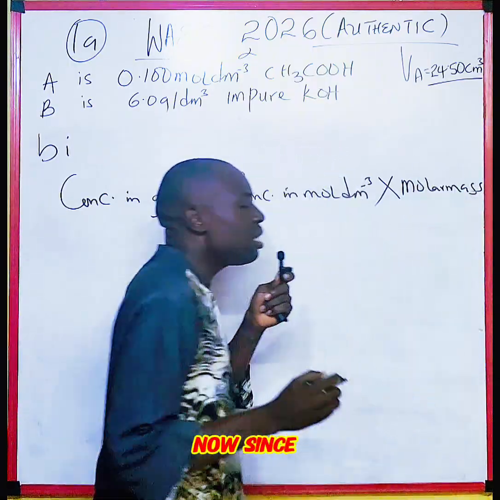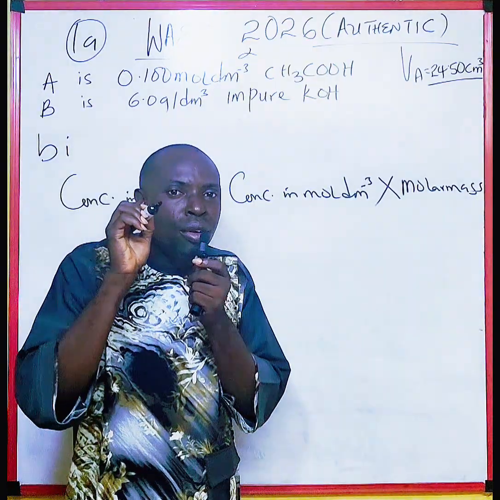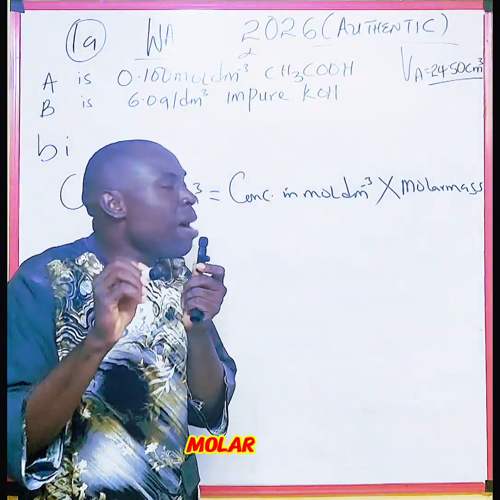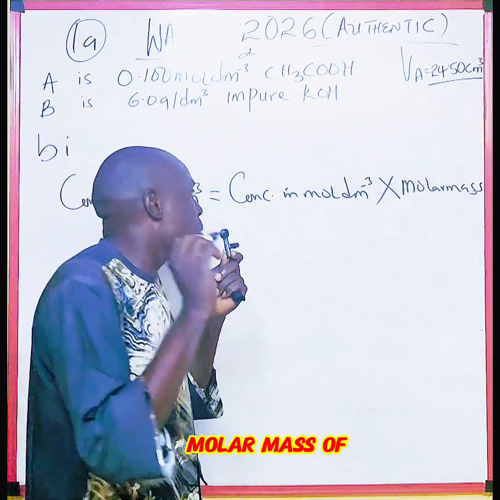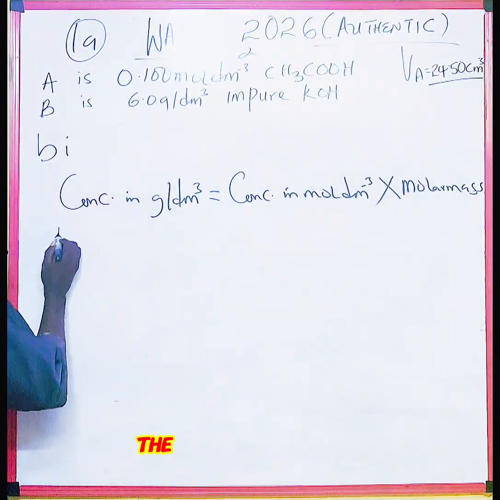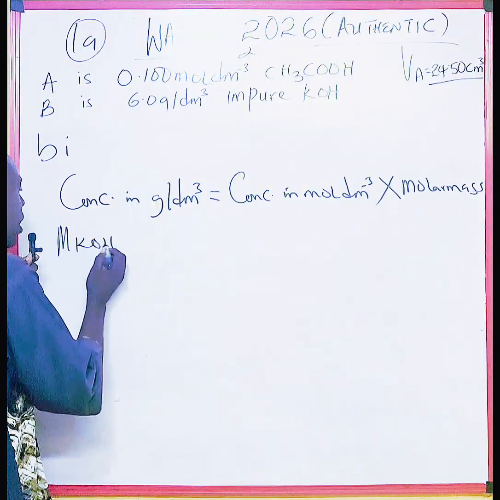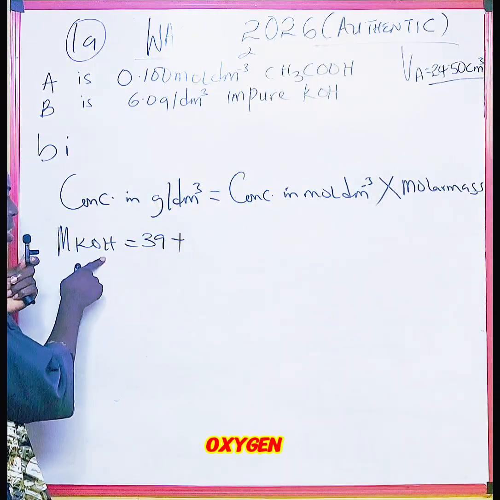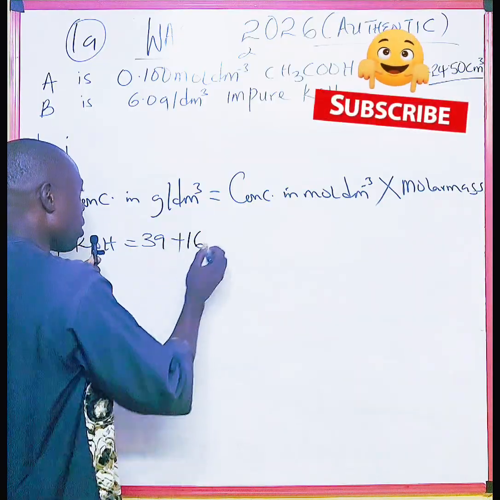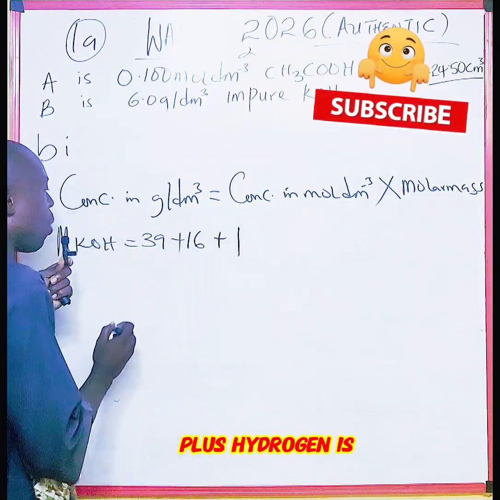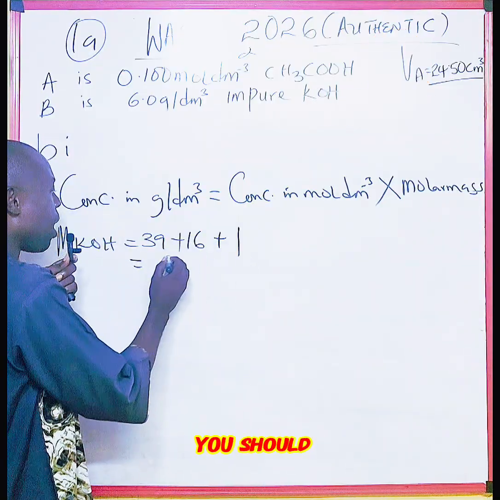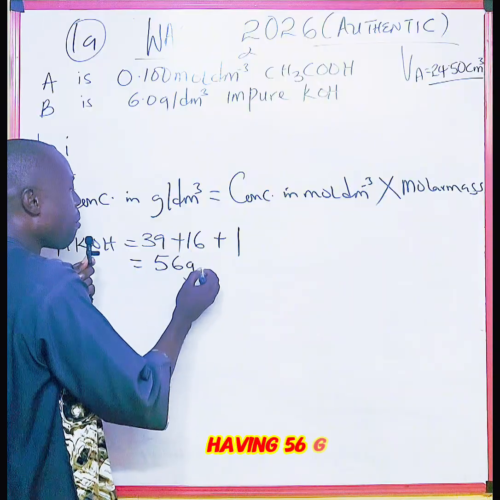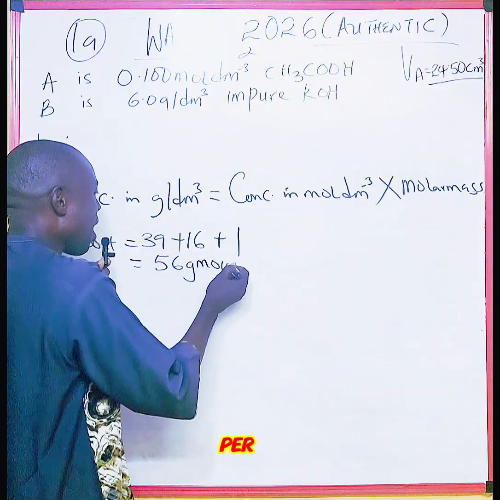The molar mass of potassium hydroxide: potassium is 39 plus oxygen is 16 plus hydrogen is 1, which adds up to 56 gram per mole.